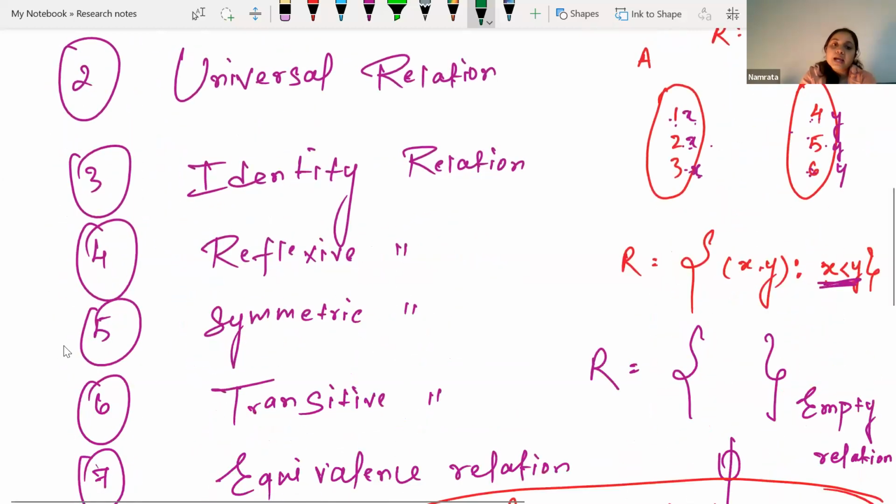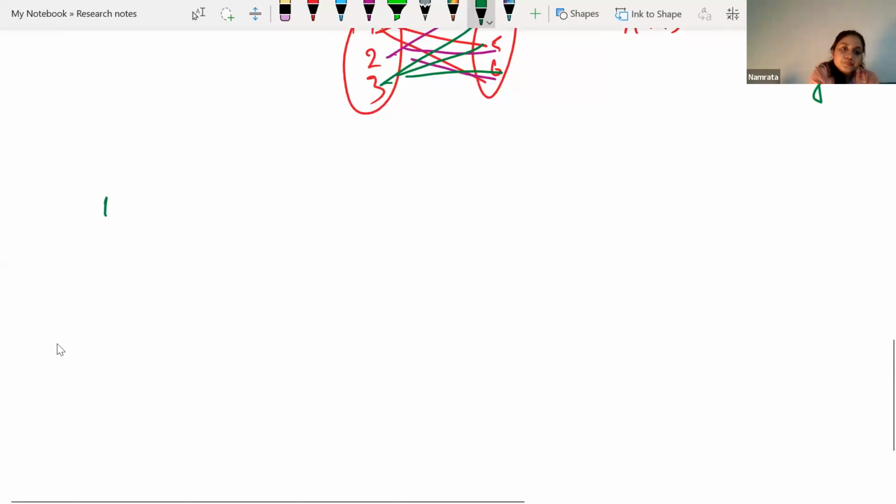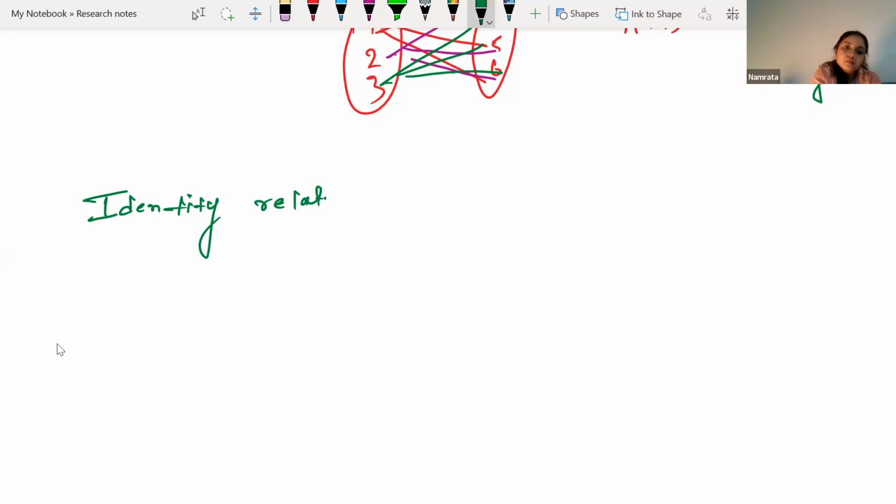Now the third one is the identity relation. Let me take one example of identity relation.